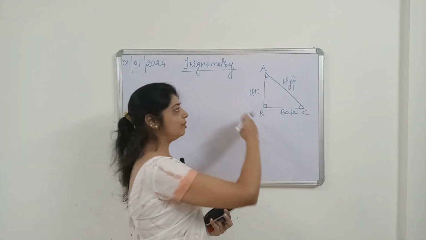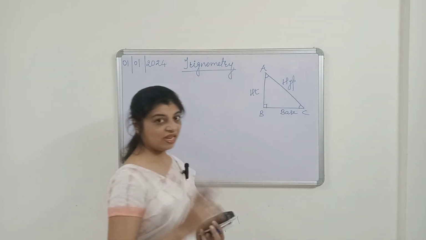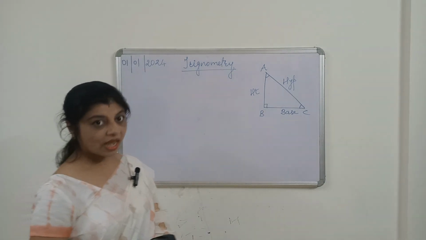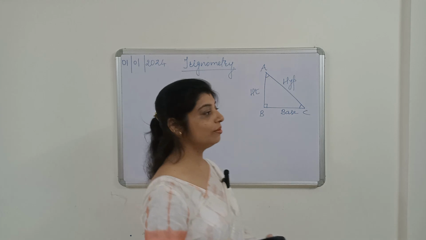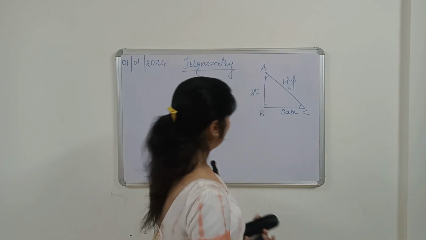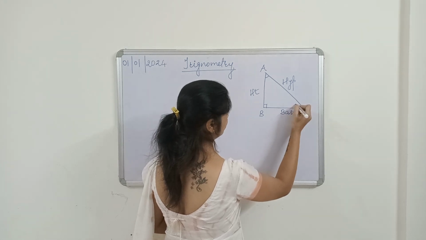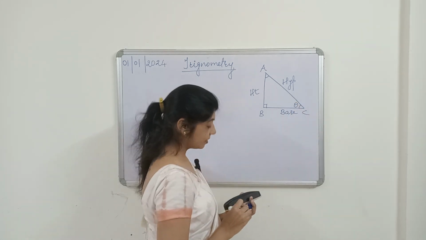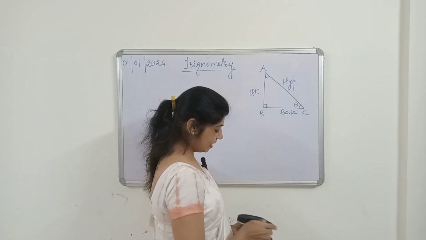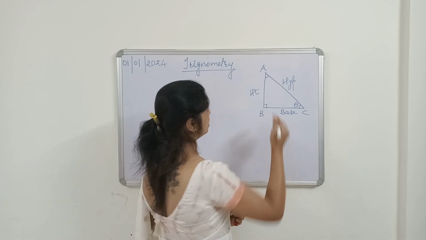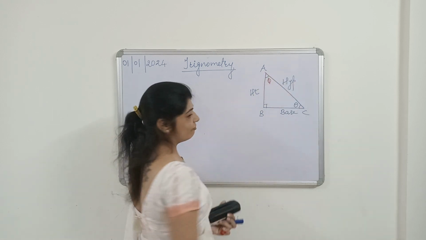Now what we have to do is consider any one acute angle and write down the ratio related to that particular acute angle. Suppose I mention this angle C with acute angle theta and angle A with acute angle phi.